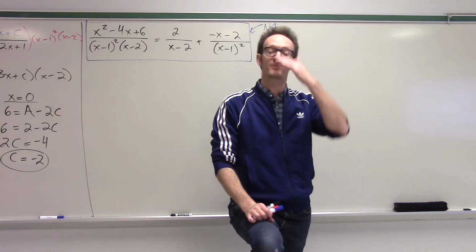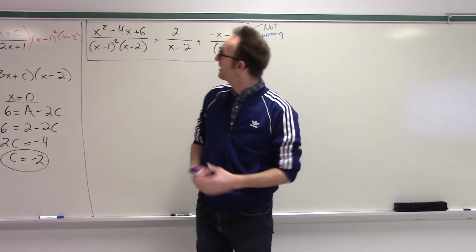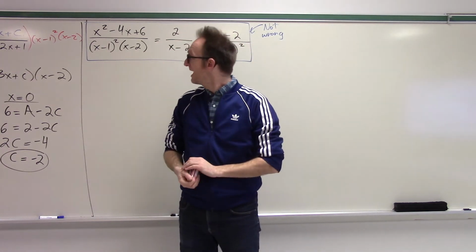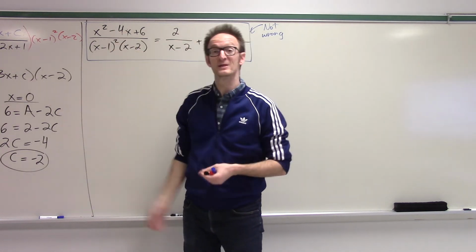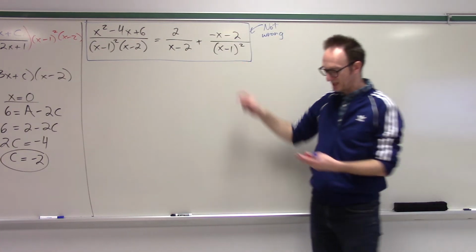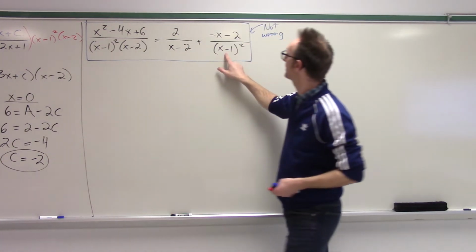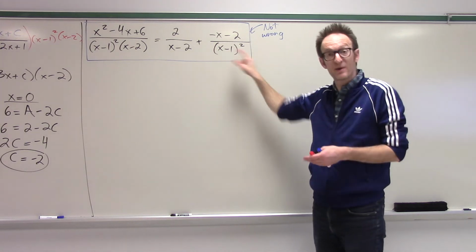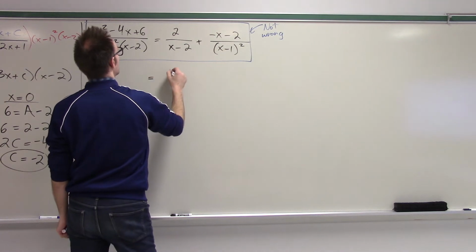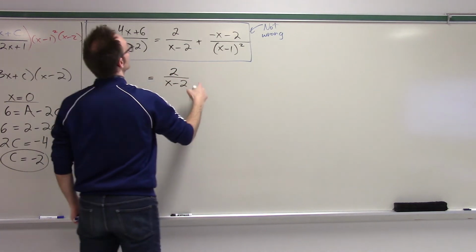The point of the method of partial fractions is to break things up. We have complicated expressions, and we want to break them up into many, many little pieces, and to break things up into as many little pieces as possible. And in particular, this term right here is not broken up as much as it could be. And we can see that by analyzing it a little bit further.